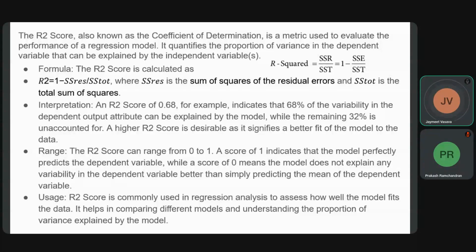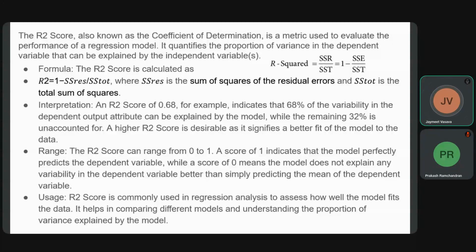So we will be implementing this same formula for our total sum of squares. Now when our R score is 0.68, it says that 68% of the variability in the dependent output attribute can be explained by the model, while the remaining 32% is accounted for.